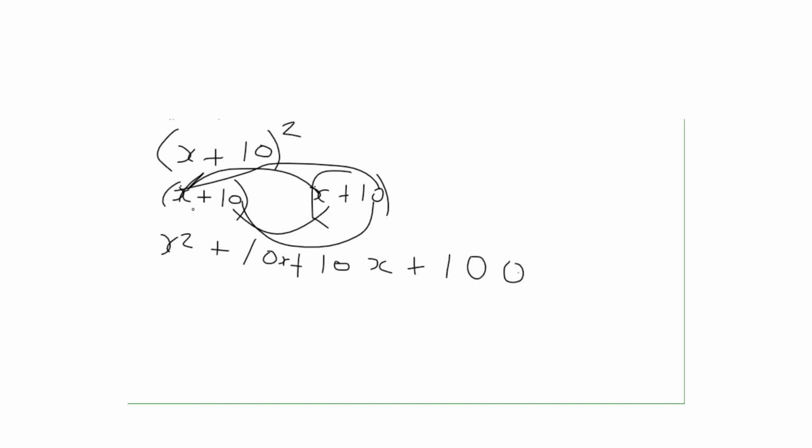So we have x squared, plus 10x plus 10x, which is 20x, plus 100.